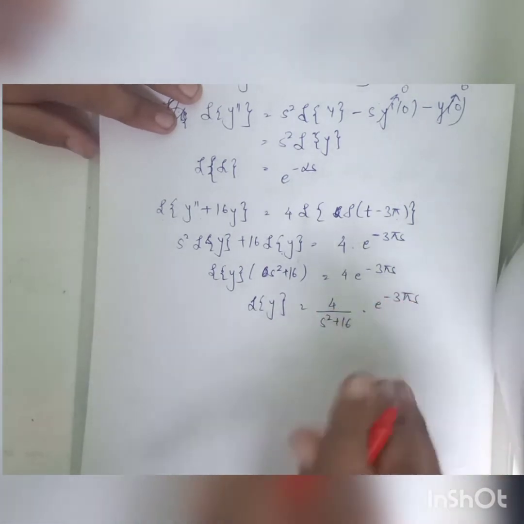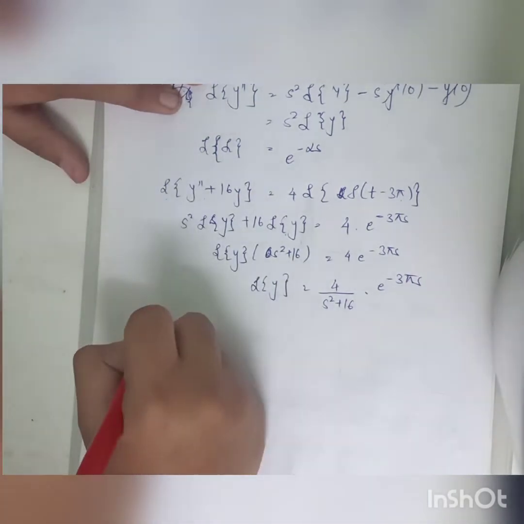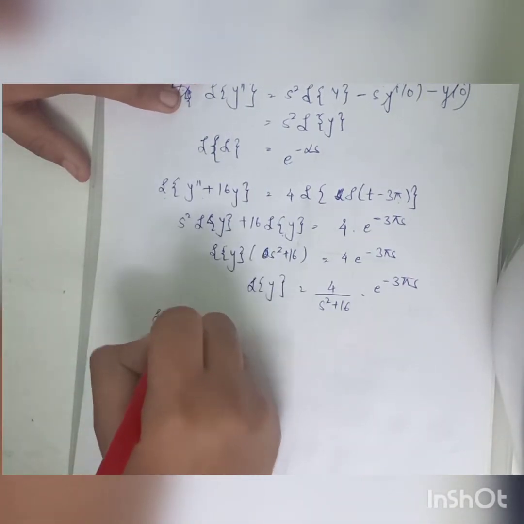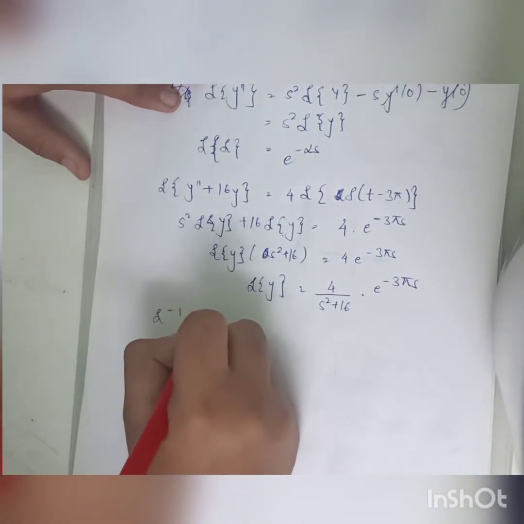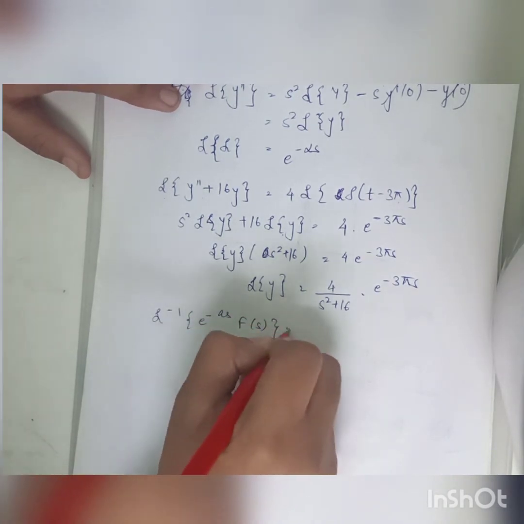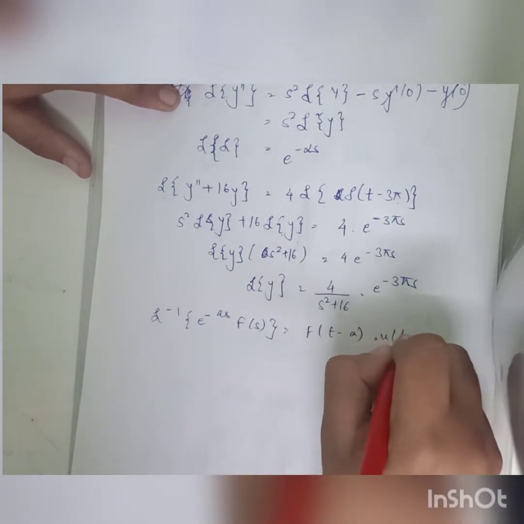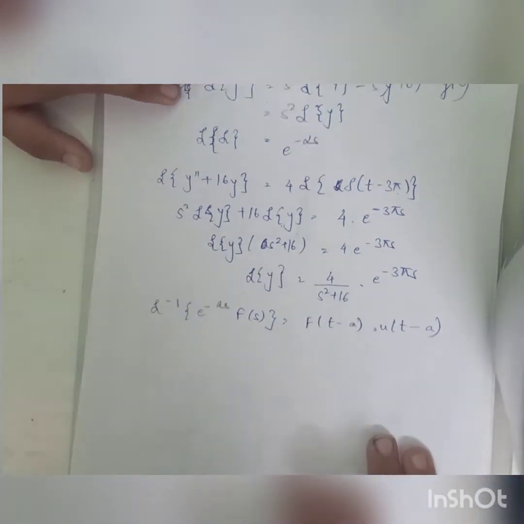Now using the second shifting theorem, which states that Laplace inverse of e to the power minus as into F(s) is equal to f(t minus a) into u(t minus a).